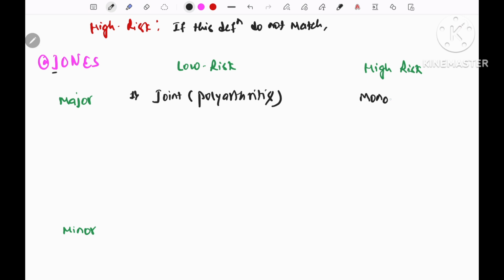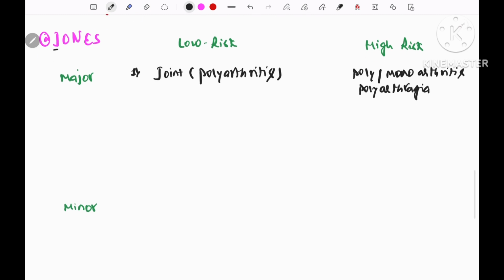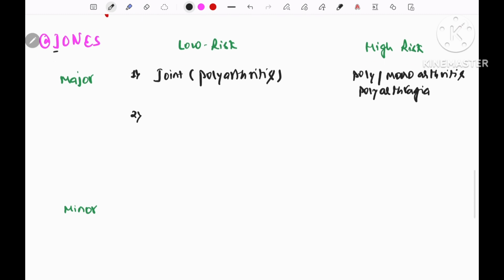So if there is poly or mono arthritis, then it can be considered as major criteria. Also, if there is polyarthralgia, no need to have inflammation, just if there is pain, then also it can be considered as major criteria. Okay, so the first one is joint.